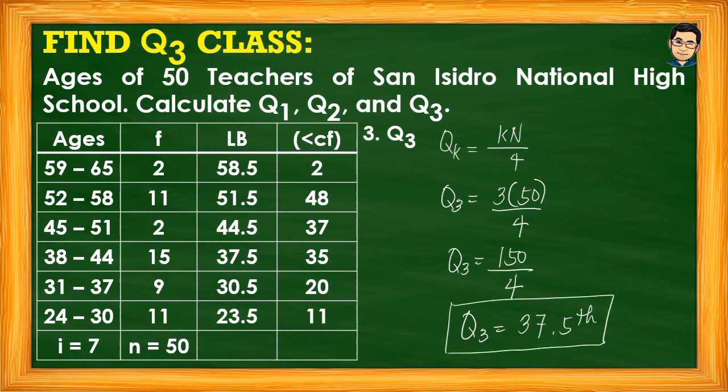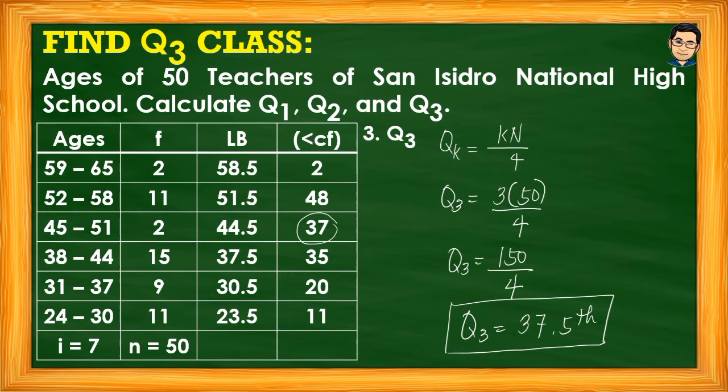Then we are going to locate for the Q sub 3 class on our frequency distribution table. So, are we going to use 37? Yung kung saan yung 37 na to, yung class na 45 to 51? The answer is no. It's because 37 is less than 37.5. So, kailangan hindi siya bababa dun sa kung anong class man yun.